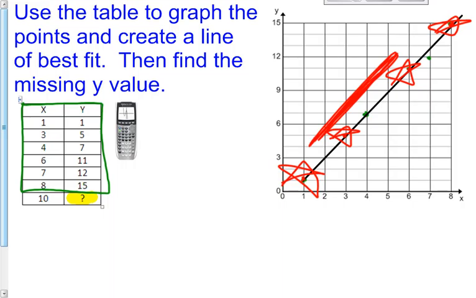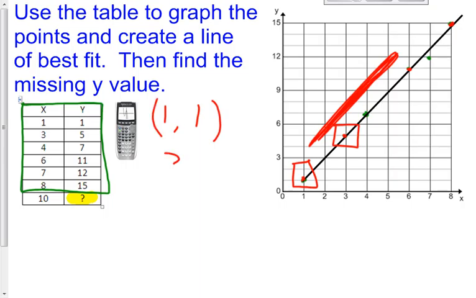Even though they might not be identical to your neighbor's, that's just fine as long as you do your work right. So I want to be very, very clear on that. You can pick any of those points. Generally, I like to pick the smallest ones because, once again, they're the easiest to do basic mathematical operations with. Multiply, divide, add, subtract. So I'm going to pick those 2 points. Those points are my first 2, which is 1, 1, and 3, 5.